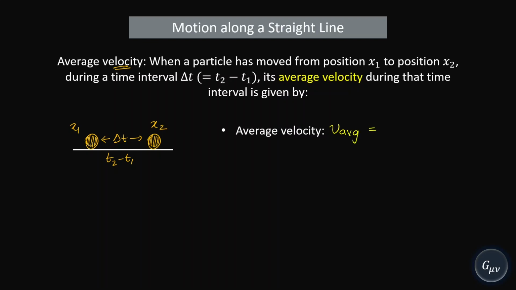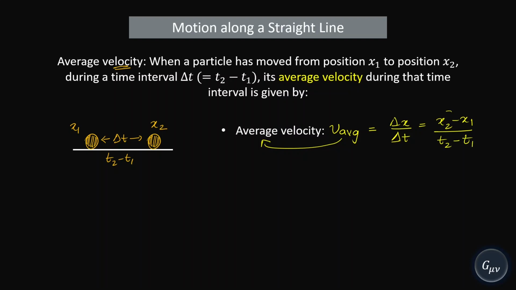Here the avg stands for average. So V average is equal to delta x divided by delta t. This is nothing but x2 minus x1 divided by t2 minus t1.